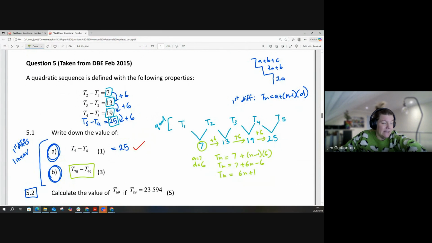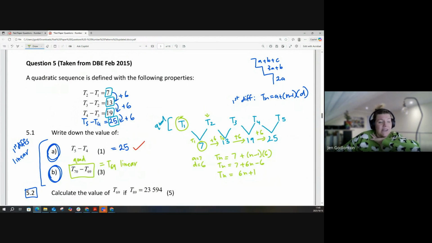T70 minus T69. Term 2 minus term 1 of our quadratic gave us term 1 of our linear, and so on, so it's always going to be that number. T70 minus T69 of our quadratic is going to equal T69 of our linear.